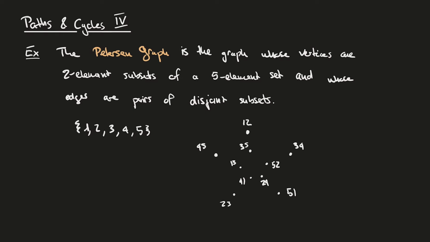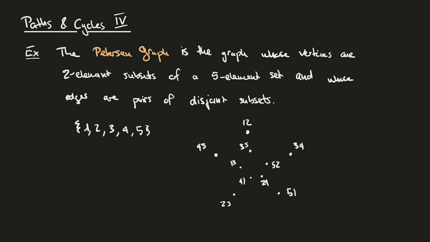Now these are in fact all the possible two-element subsets because we can form 5 choose 2 such subsets, and 5 choose 2 is 5 factorial divided by 2 factorial times 3 factorial, which is equal to 5 times 4 divided by 2, which is 10. Thus indeed we found 10 distinct two-element subsets, and so this is all of them.